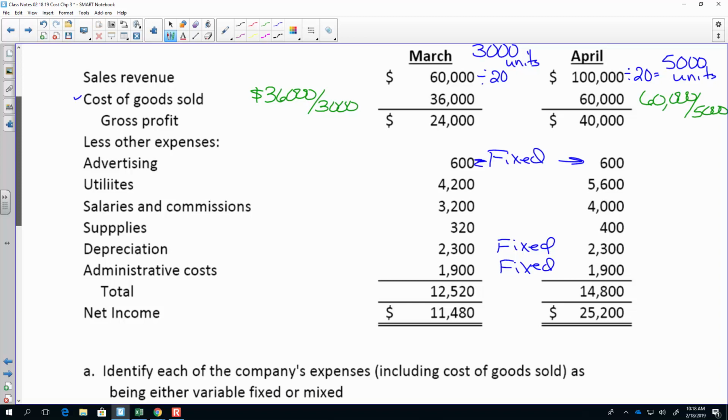What is the number? So what must it be then? Variable. Thank you. Yes. This is a variable cost.